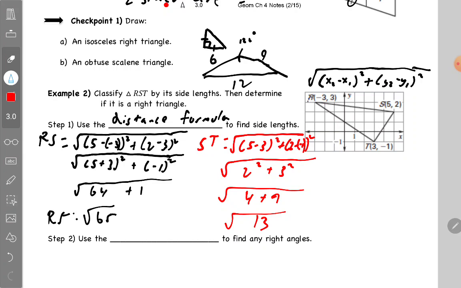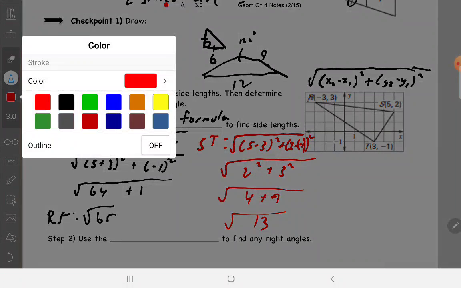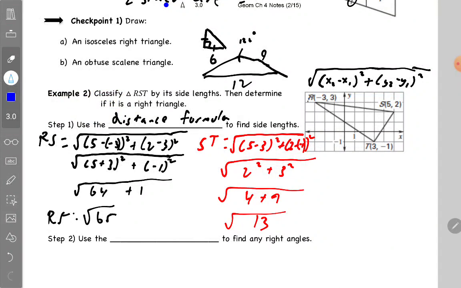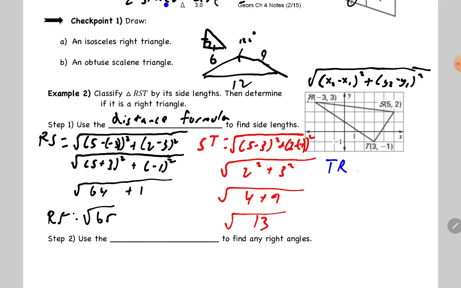Now, as you can probably tell, this is probably a scalene triangle where none of the sides are the same, but we have to prove it using our math. Okay, so the last one we need to find is TR. This time I'll do bottom minus top.